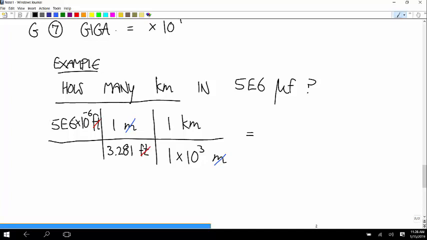So those two together give 1, and then we have the 5 in front. So this all together is just 5, divided by that gives 0.001524. And now we're in kilometers. And we can write this 1.524 times 10 to the minus third kilometers.